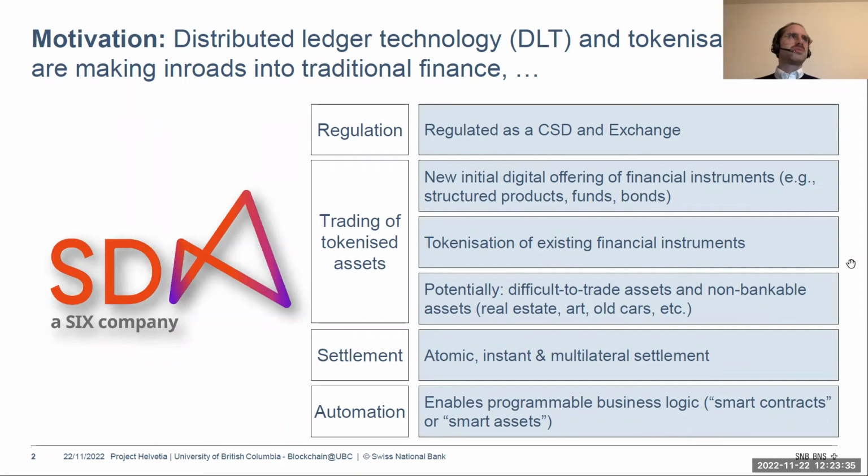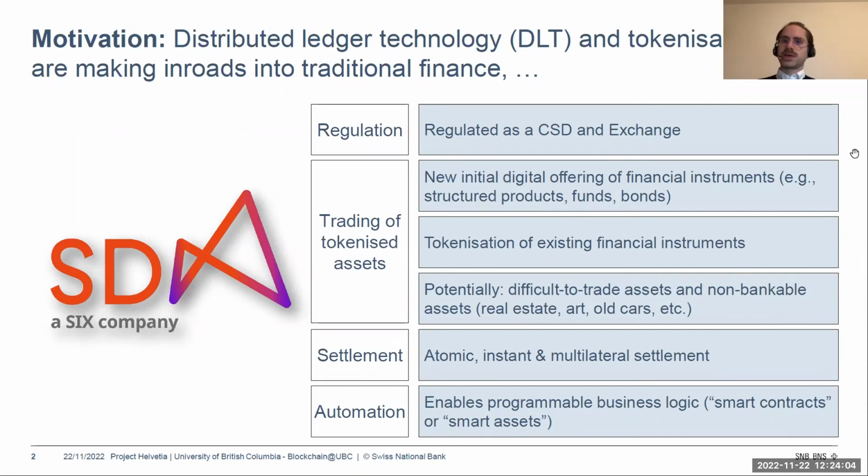So why did we do Project Helvetia? In Switzerland, we have the financial market infrastructure provider, the SIX company, which had a subsidiary, the SDX, the Swiss Digital Exchange, who started to build a regulated central security depository and an exchange based on DLT technology.